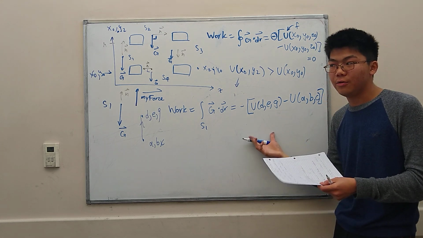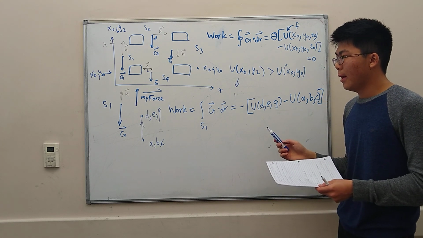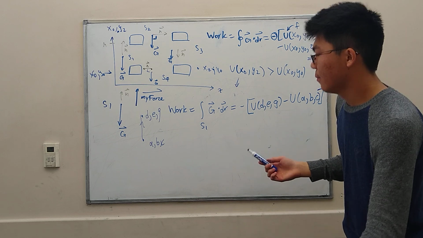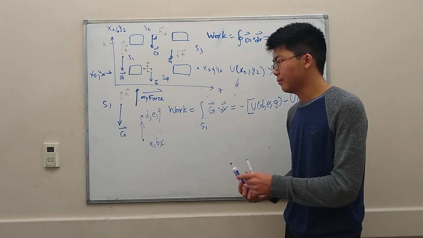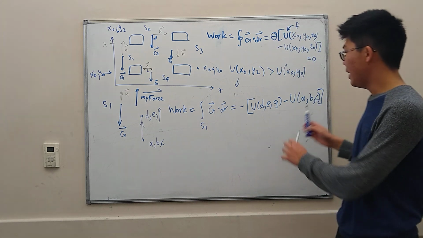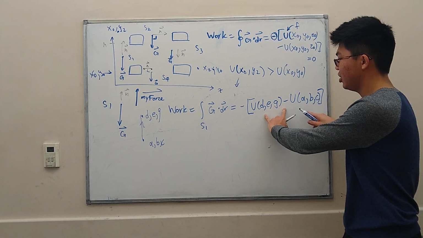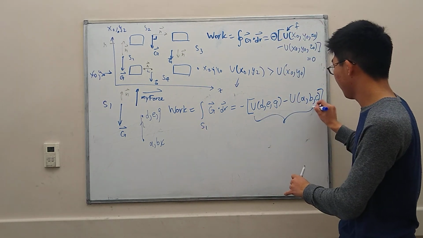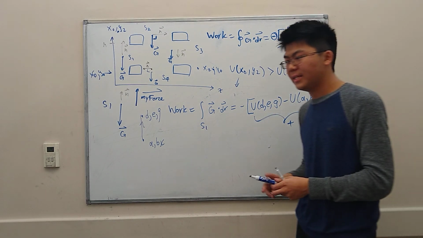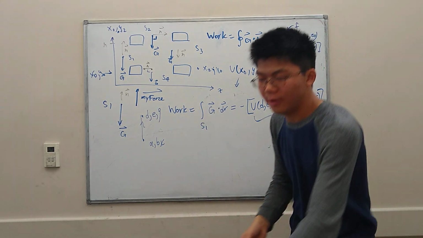And here's our integral expression. So, in this case, we're losing kinetic energy here. What happens is the potential energy increases. So this is a positive value. But let's say I didn't apply my force.